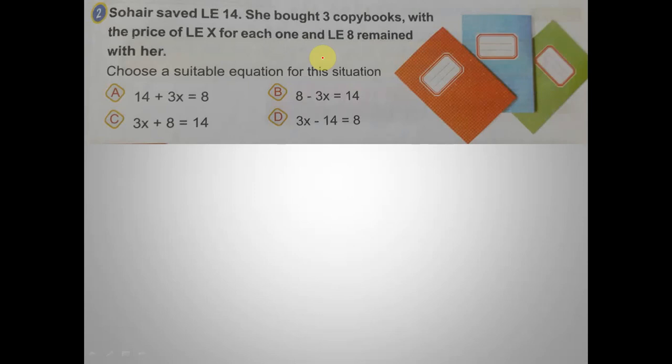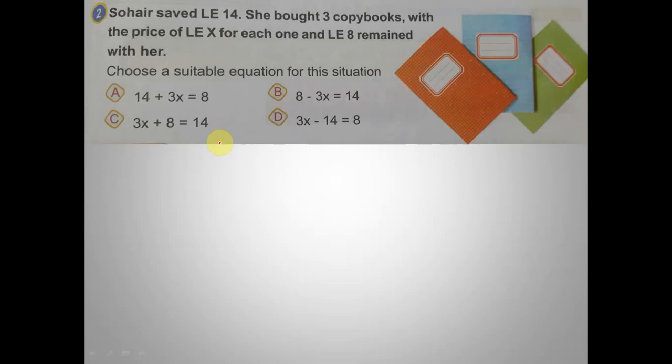We put X and another X and another X. The total price of 3 copybooks equals 3X. 3X and the remainder 8: 3X plus 8 equals the total amount of money she had, 14.